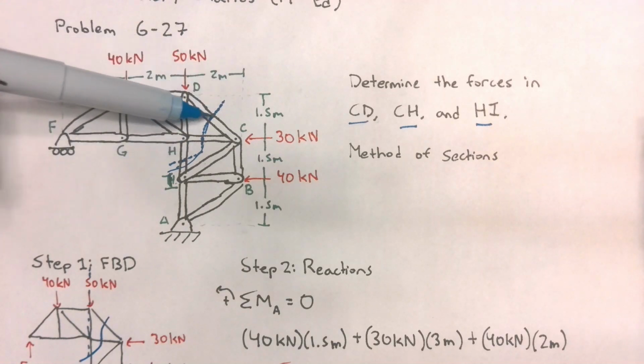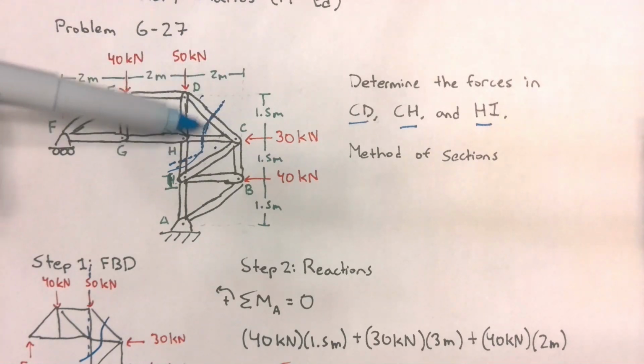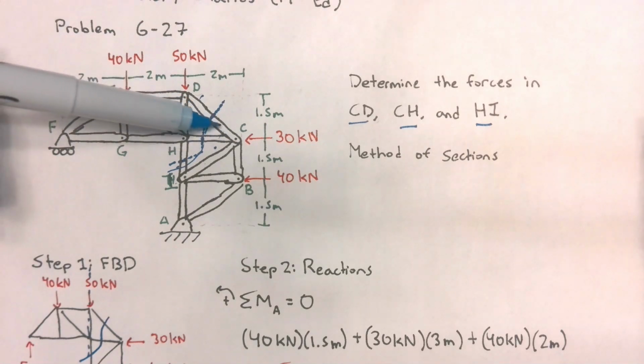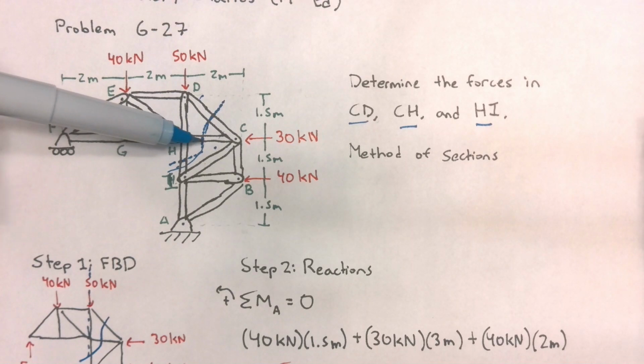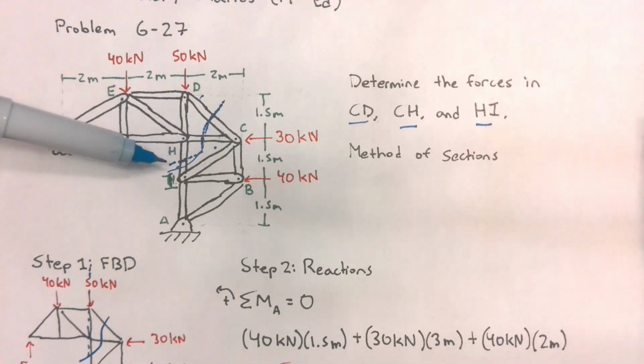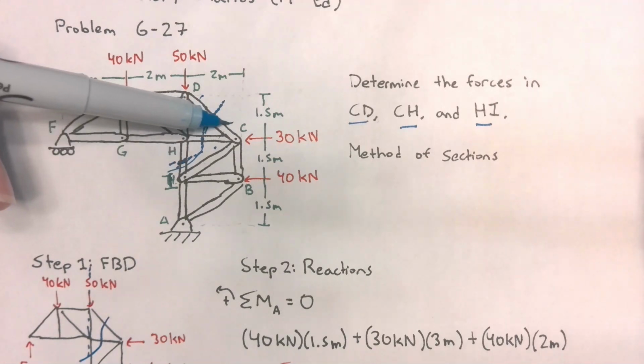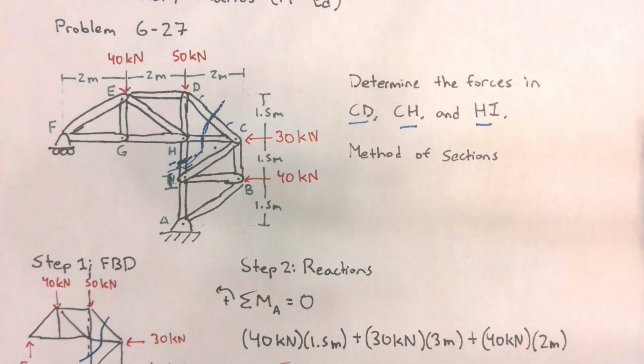In fact, it doesn't even matter if I cut here or here or here, because the tension or compression should be the same regardless of where you're cutting in this bar, and regardless of where you're cutting in this bar. So I can cut it right down the middle, or closer to the joints, wherever you want, but at this section. Now, what that's going to leave me with is a free body diagram which has fewer members.